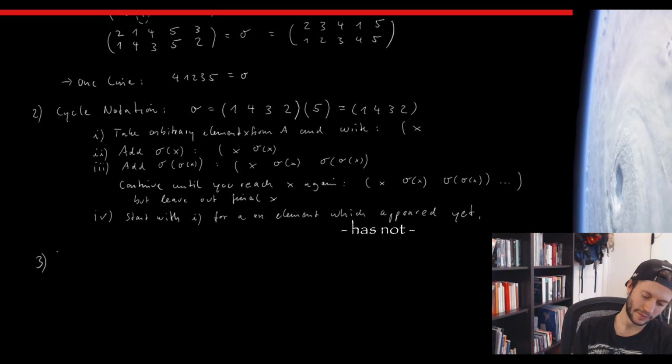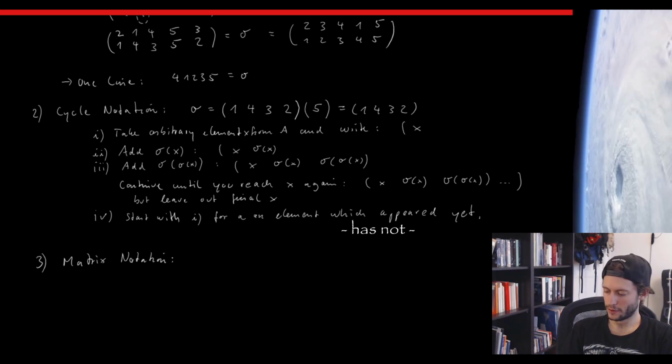So there was one last one, the matrix notation. What we want is: we write the set as a vector. So we write all elements of the set A in a vector X. We apply a matrix P, for permutation or something else, and we want to get sigma, all images, so to say.